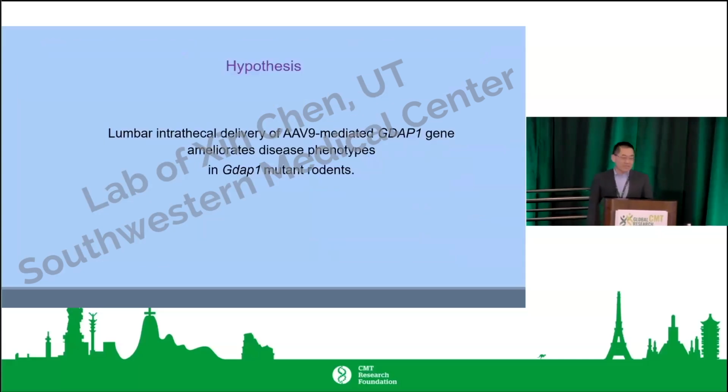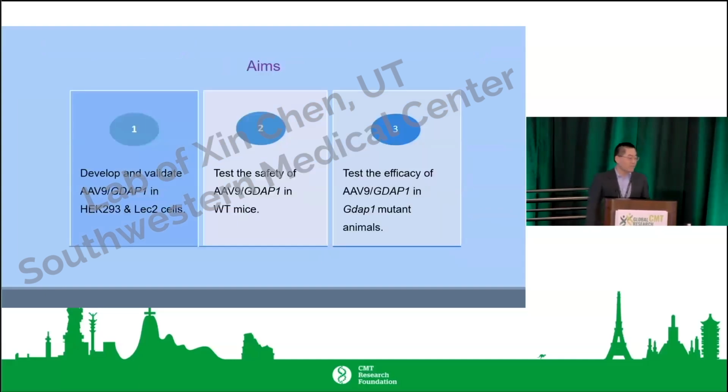We hypothesize that lumbar intrathecal delivery of a normal copy of GDAP1 with AAV9 might ameliorate the disease phenotype in the GDAP1 mouse model. To test this aim, we designed the AAV9-mediated GDAP1 vector, tested its safety in wild-type animals, and in parallel tested the efficacy of the vector in GDAP1 mutant mice.